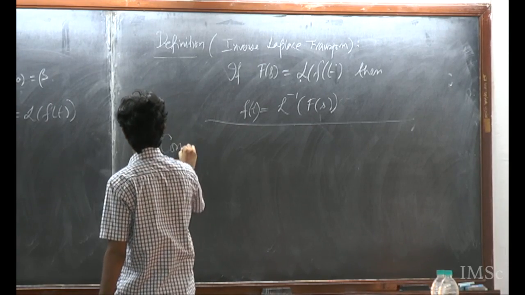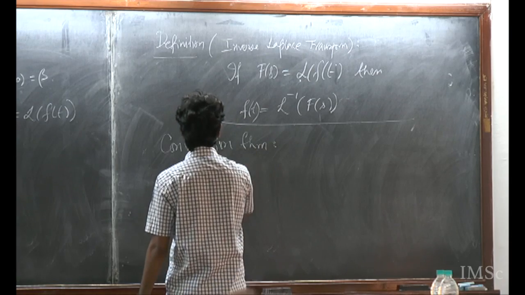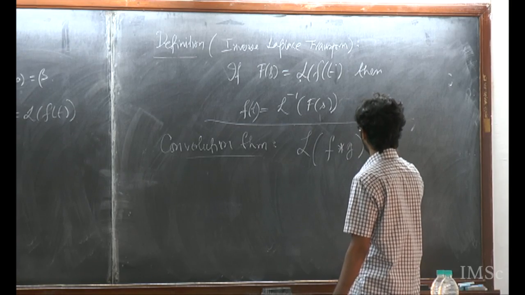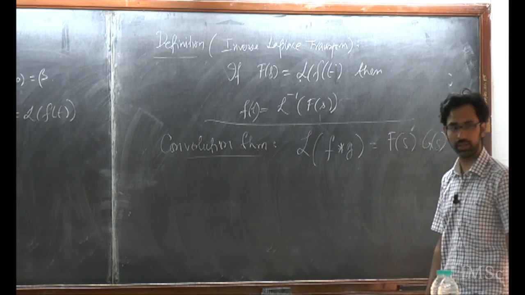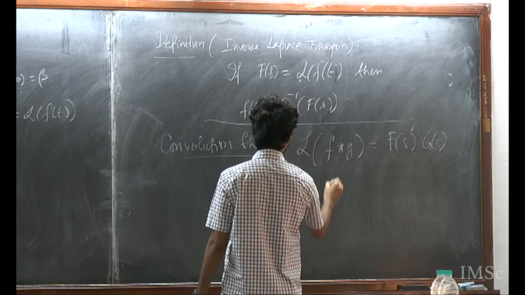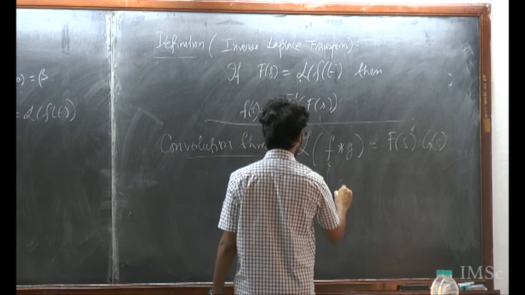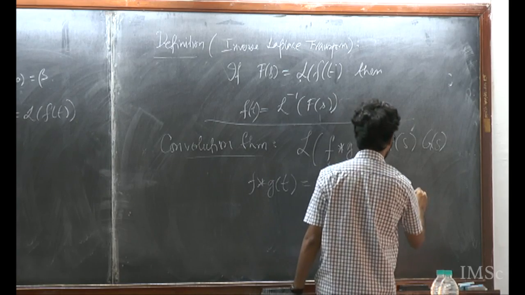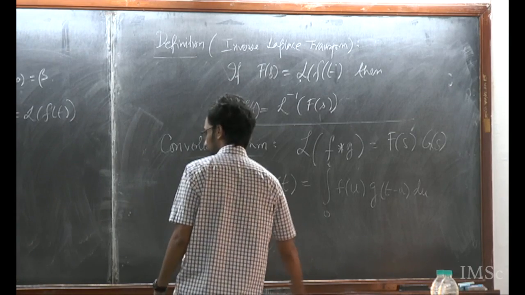So the convolution theorem says that L of f star g is F of s G of s. Right? What is f star g? F star g of t is the integral from 0 to t of f of u g of t minus u du. Very good. So the convolution theorem says this.